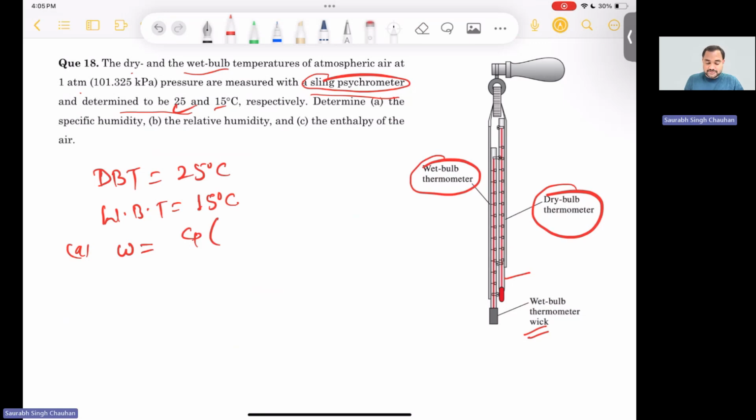This relation is derived using energy balance, and how to derive is, for example, you have an adiabatic chamber. So here you have air, moist air, and this is a water bath, and from there you are getting the saturated mixture.